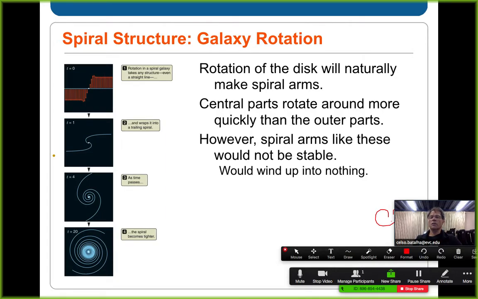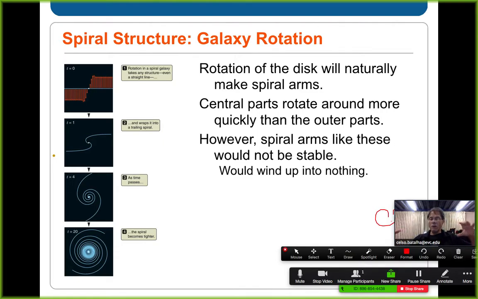Now, what sort of theories, what sort of ideas do we have to explain the rotation of galaxies? So how can we explain spiral arms in spiral galaxies? This diagram here, if you are following in your book, indicates the following. If you take a disk distribution, you have a central bulge and a disk that is homogeneous, all the same, very far away.